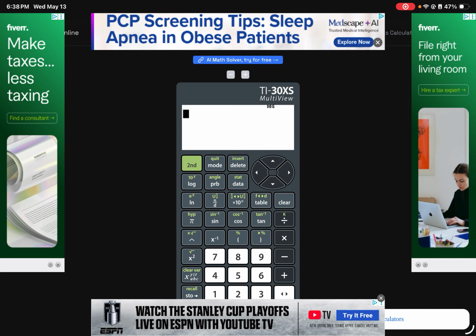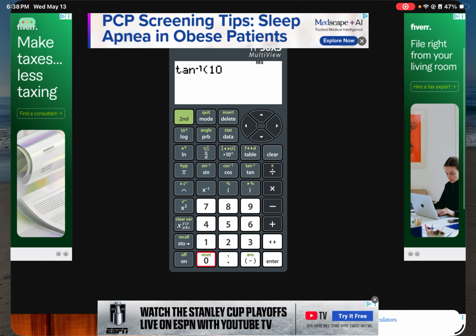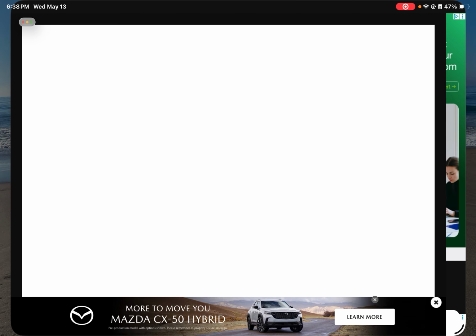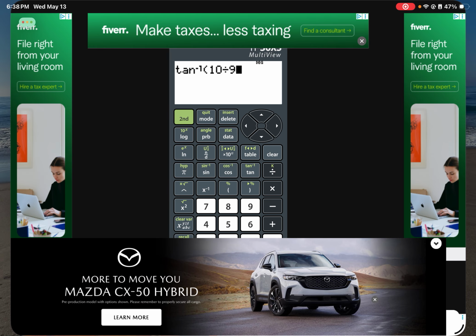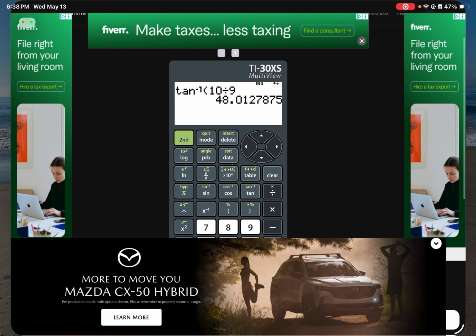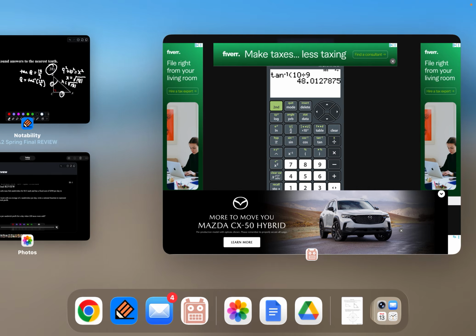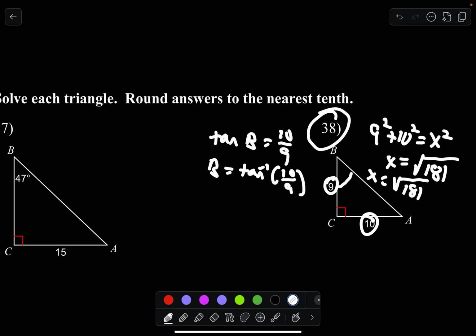Second tan, that's how I get tan inverse of 10 divided by 9. Enter. And that is 48 degrees. So B equals 48 degrees.